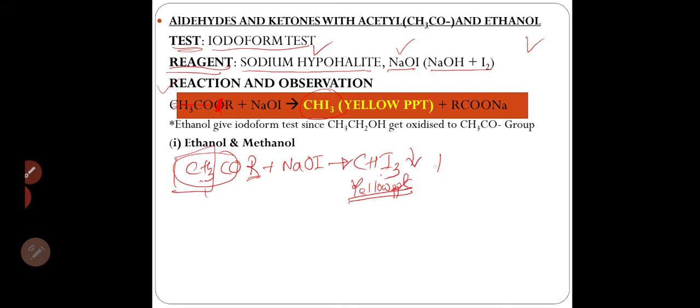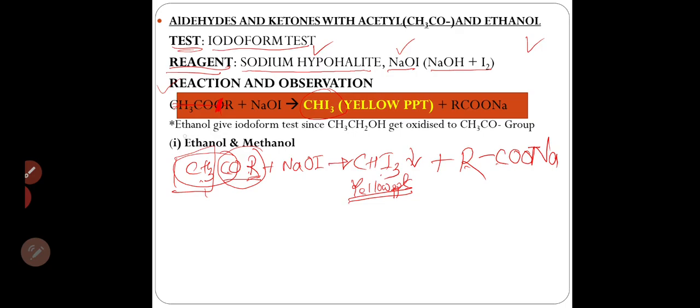Then next, the rest, whatever is there, will get oxidized, so you will get R and CO will become COO minus, and since sodium is there, RCOONa is formed. So this is for aldehyde or ketone, if it has an acetyl group, then we can do this test.